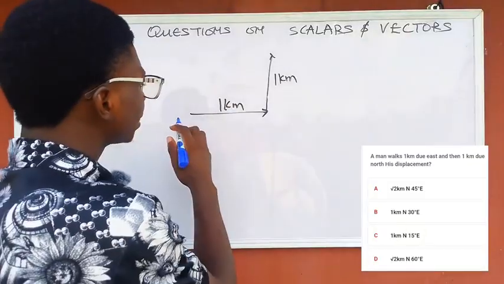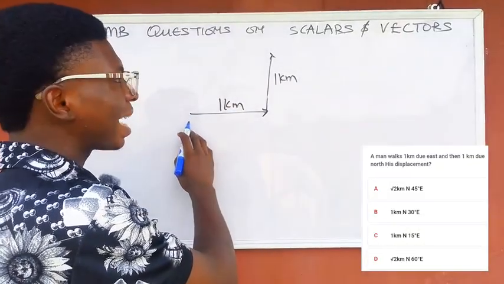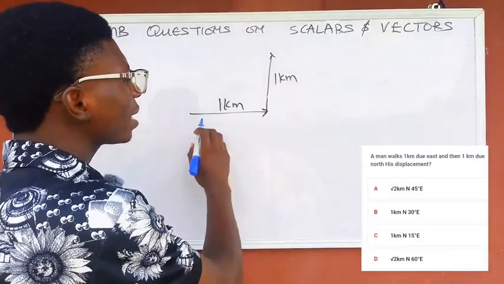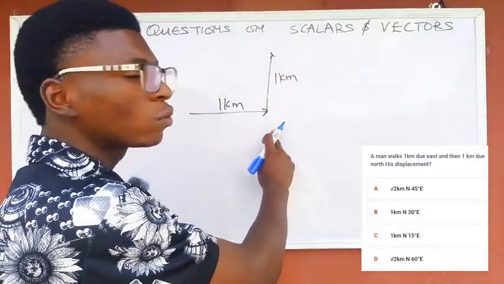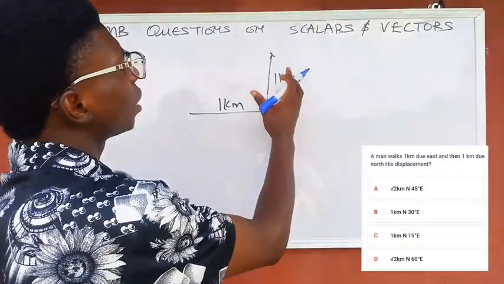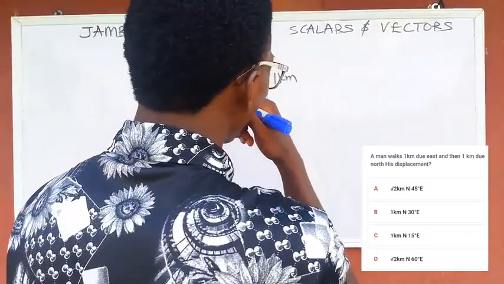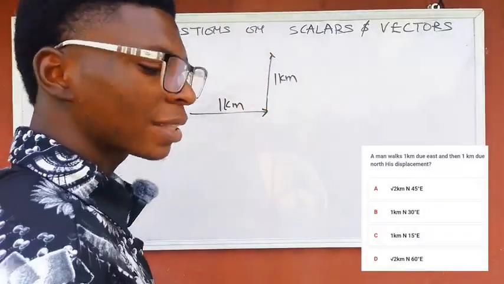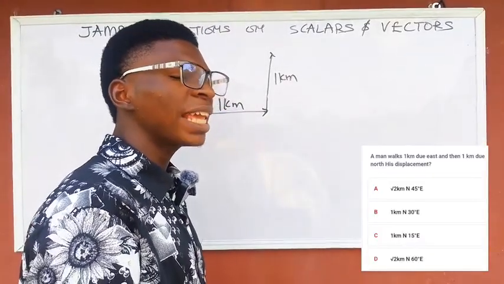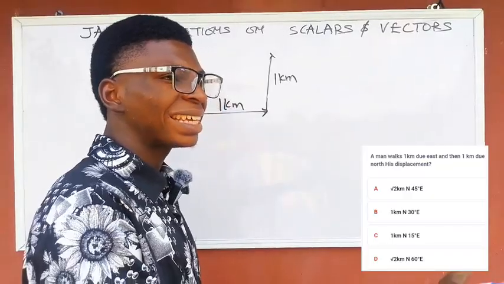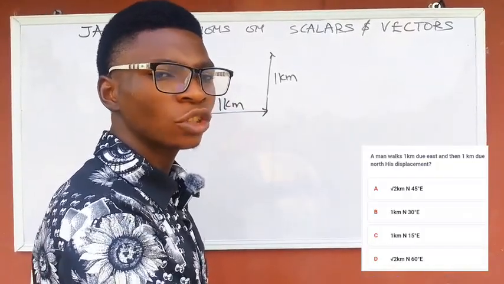Now, this is the starting point and this is the destination. So the first locomotion is eastward. Then from eastward, the man goes upward, which is northward. Now we have to calculate the displacement. I told you that displacement is a vector quantity and it is the shortest distance from the starting point to the destination.